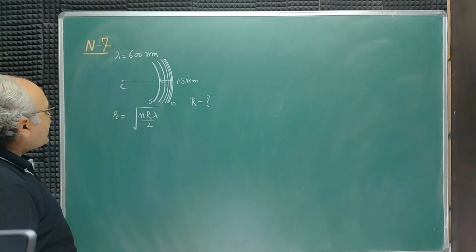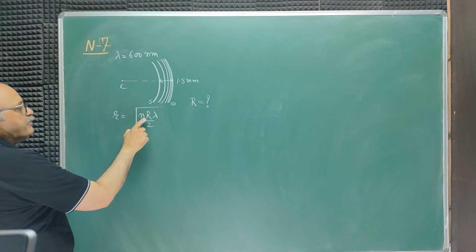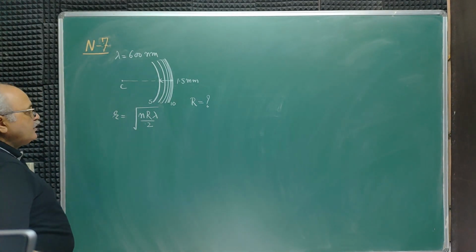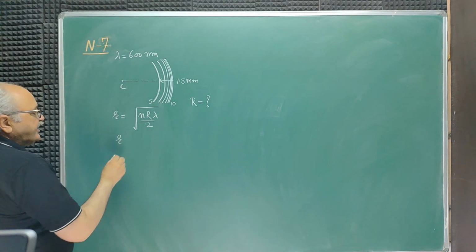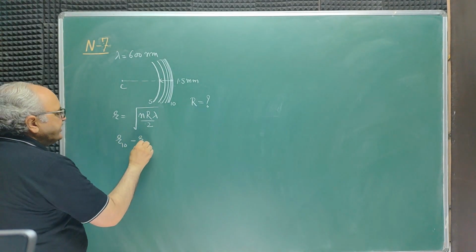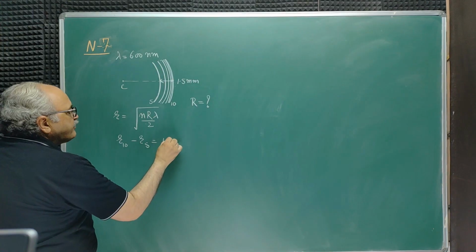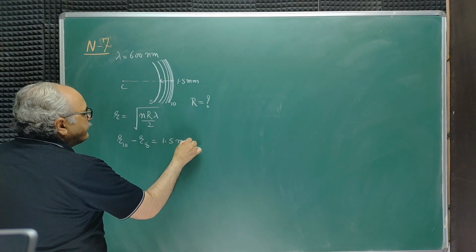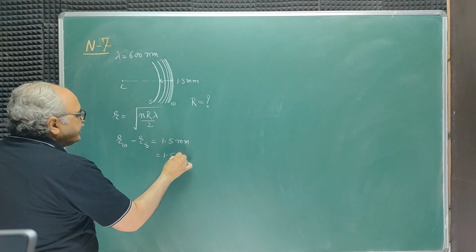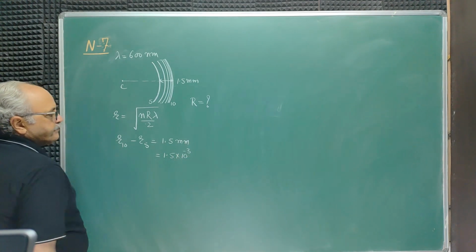We know that for a dark ring, the radius is given by this formula. So obviously, the radius of the 10th ring minus the radius of the 5th ring is 1.5 mm, that means 1.5 into 10 to the power minus 3.